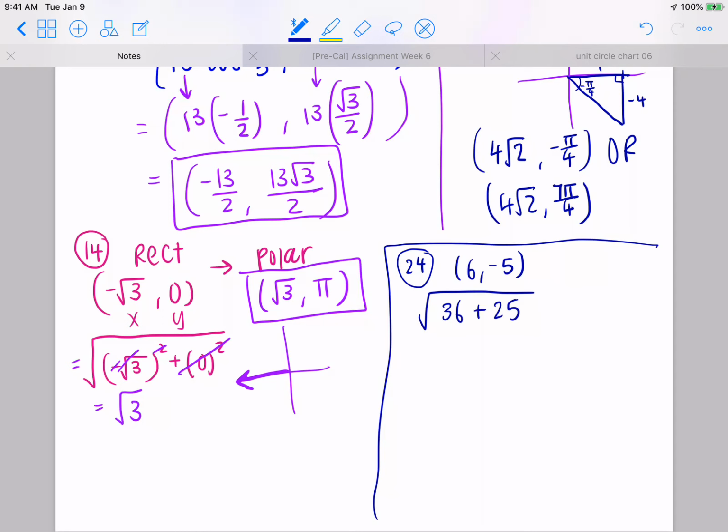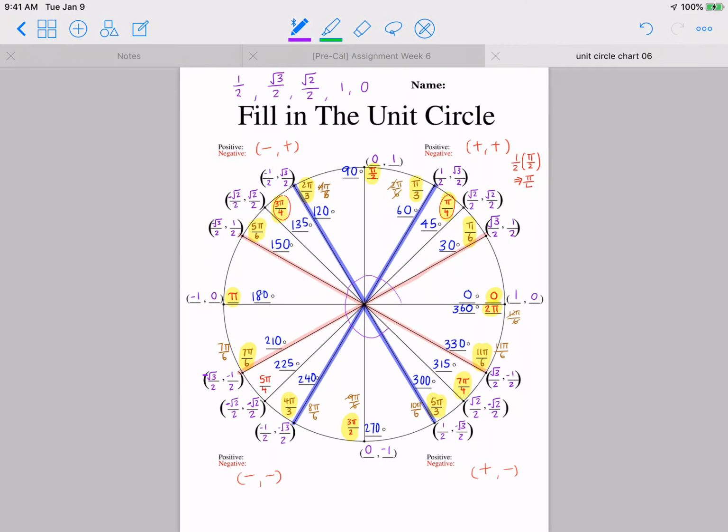Negative 5 squared is 25. So we have square root of 61. Okay, you can totally keep that square root of 61 on the side, but you just have to use your calculator for the angle. Because I know 6 and 5, I can't really find anything in this chart that can help me put everything in terms of pi.